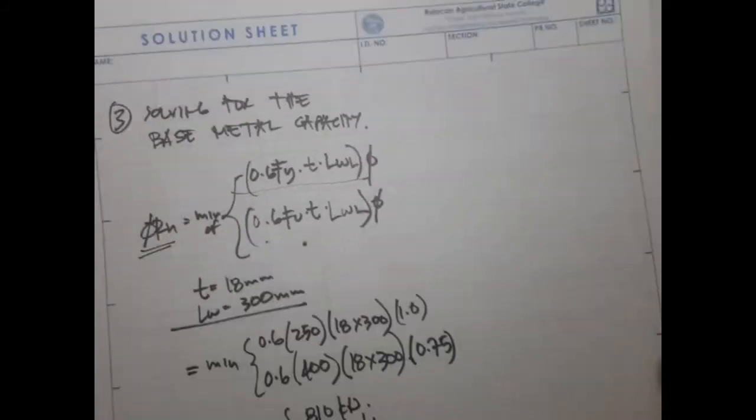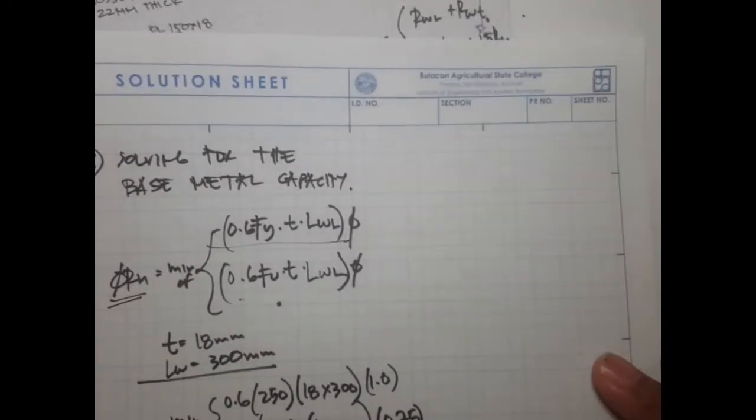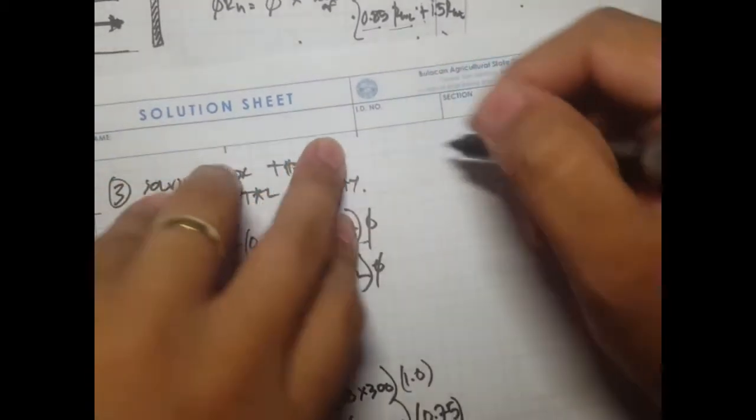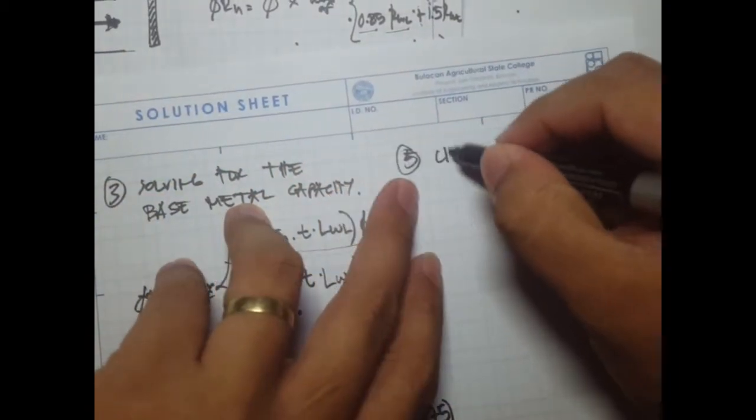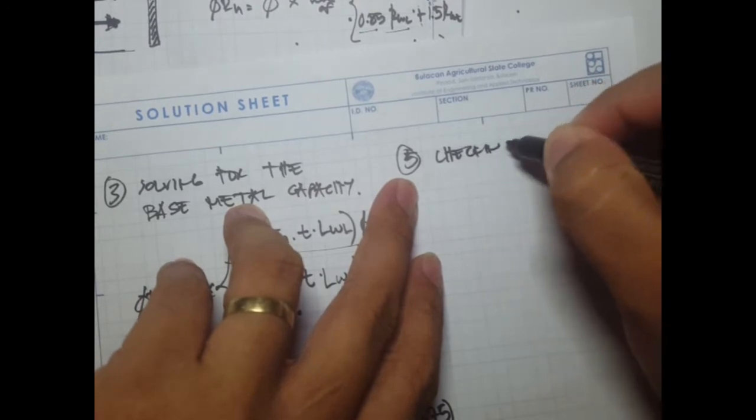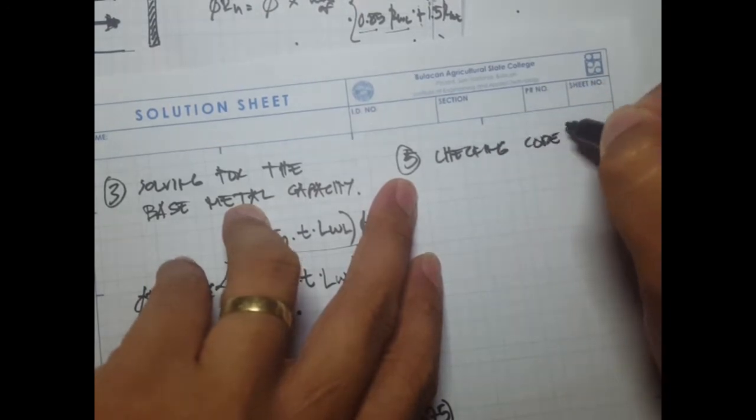Okay, so now let's check the code requirements. This is number 5, checking code requirements.